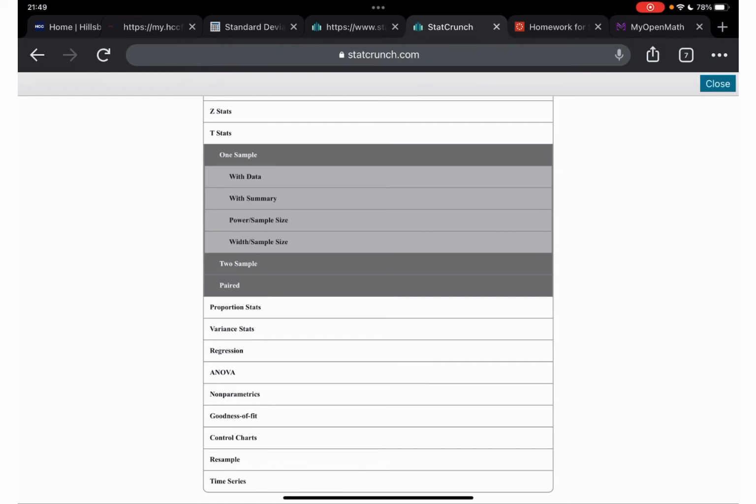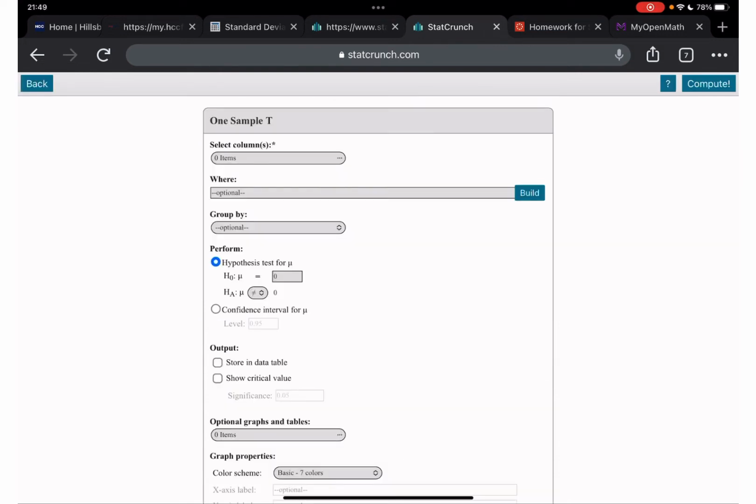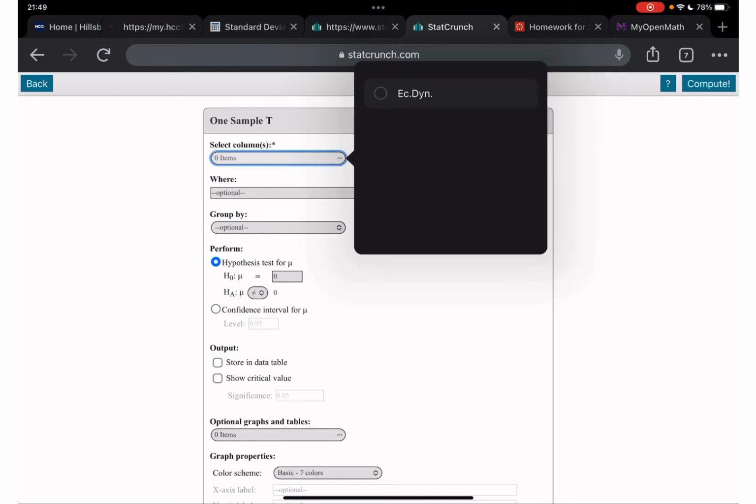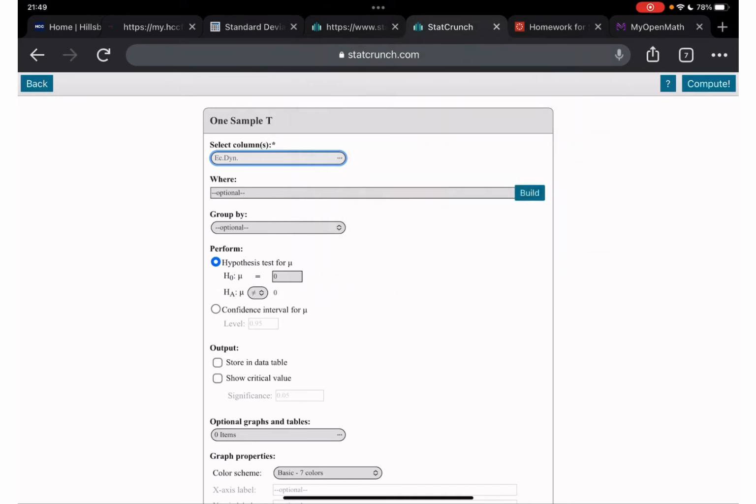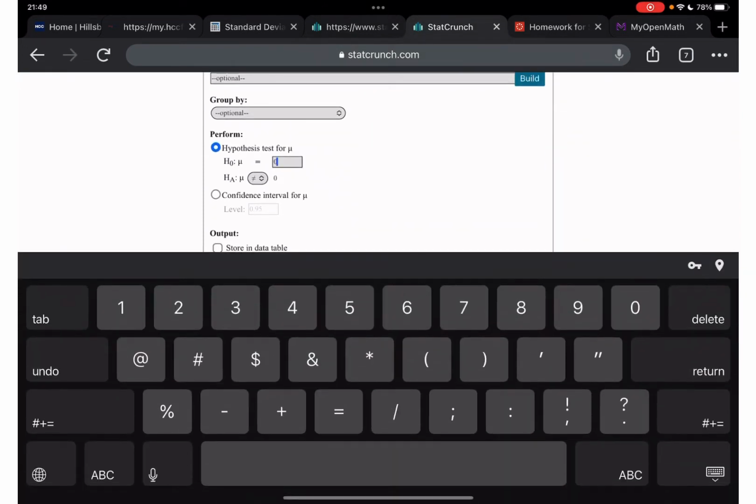But here I'm choosing data because I have raw data. Selecting the column, I'm going to select economic dynamism. Yes, we have to put in our hypothesis test value. It was 13, I believe. Hold on. No, I'm sorry, 60.25. Yeah, that's right.